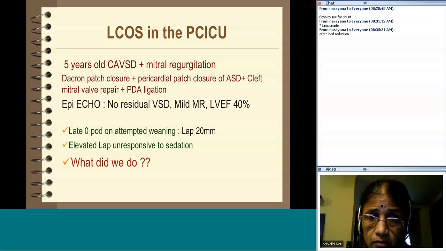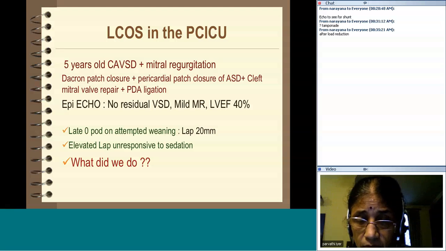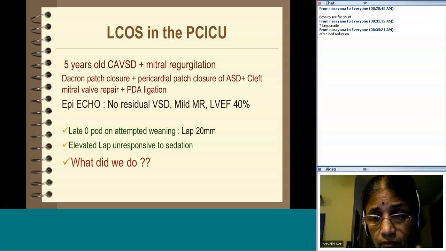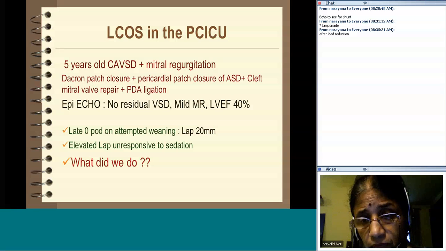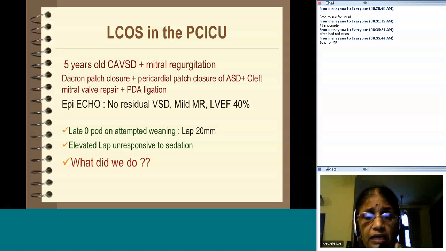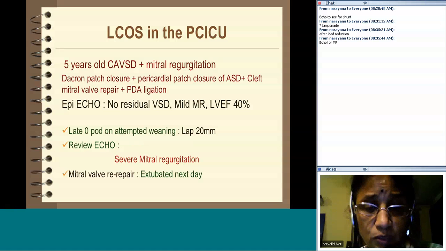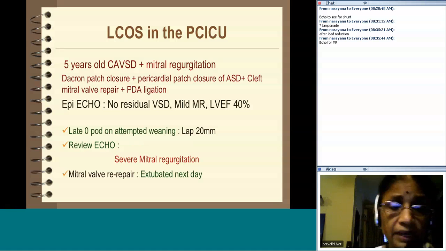The LA pressures would not settle and remained double digit. Very good. That's what we did. Repeat echo was done. The mitral valve repair had given way. There was severe mitral regurgitation. Surgeons went back to theatre. Mitral valve was re-repaired. The child was extubated the following day, successfully discharged.